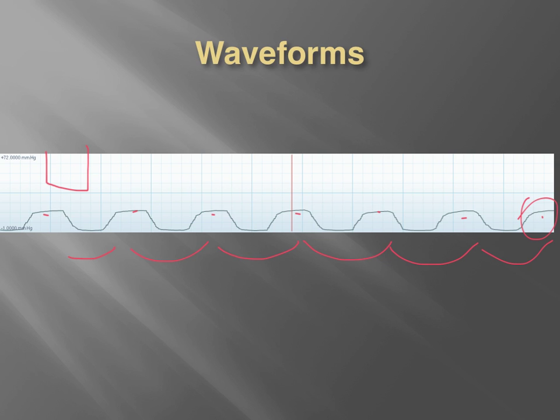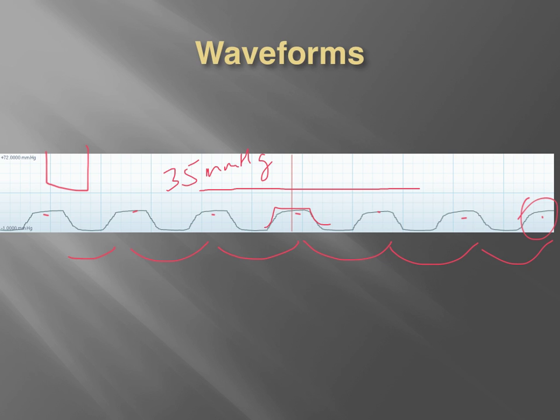We can also see that the size of our waveform has decreased. Even though it's nice and square and normal looking, our baseline, or our level of 35 millimeters of mercury, is over here by this red line. So we're much lower than that.